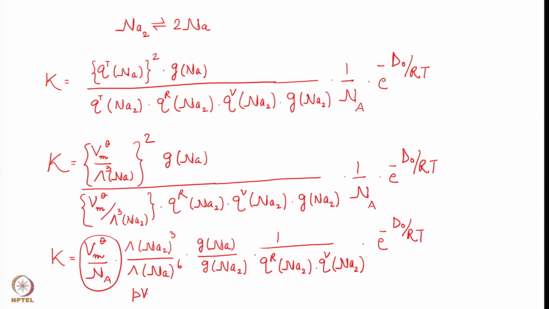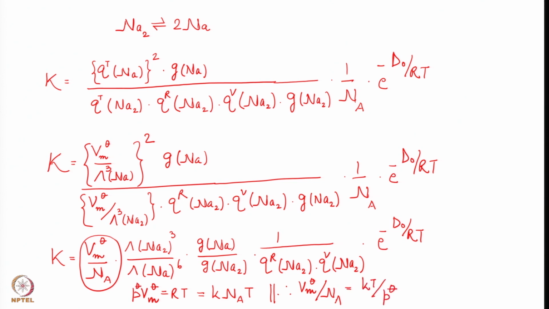P Vm naught is equal to RT. I am using small m because m means molar. So can I write this R is equal to K times Avogadro constant into T. R is K times Na. So therefore Vm naught by Na, this is what I want, is equal to KT by P naught, right.